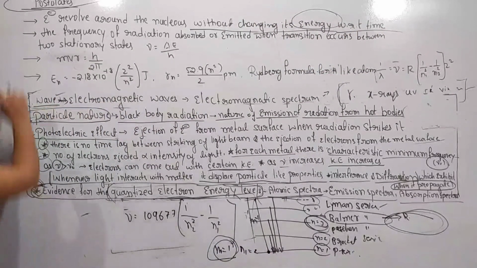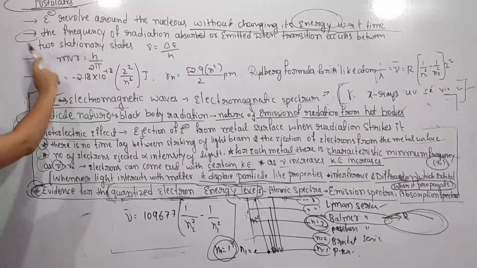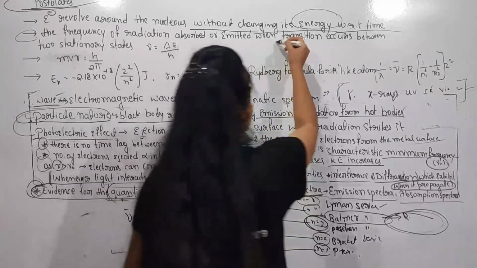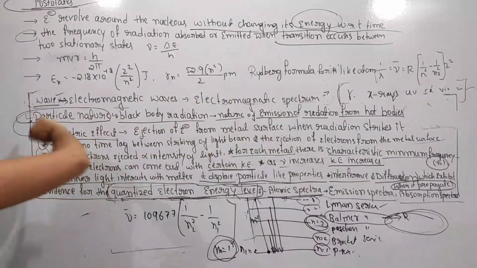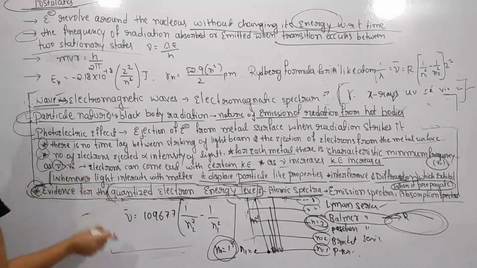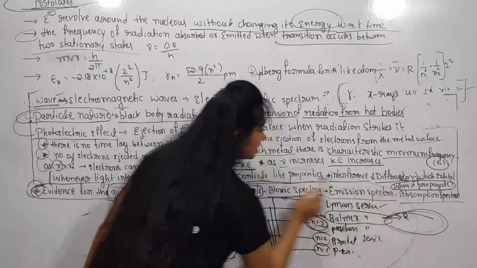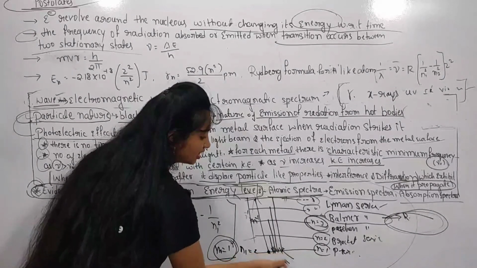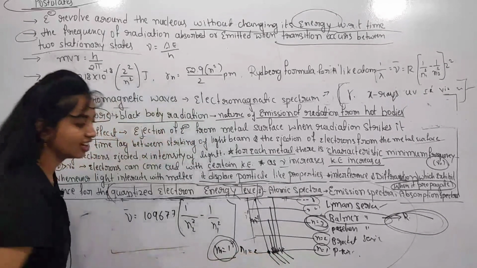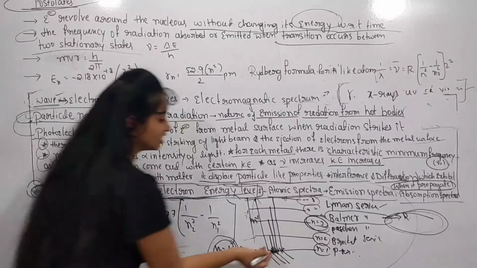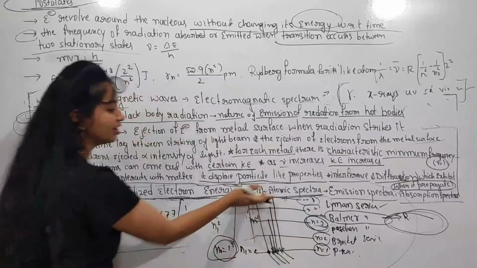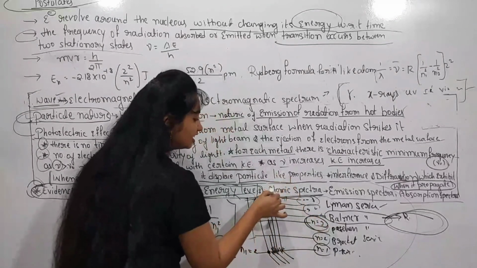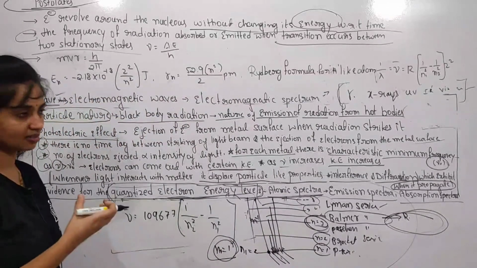And then the second postulate he tells us: the frequency of radiation absorbed or emitted while transition occurs between two stationary states. I already told you when I explained the spectra, the atoms absorb outer, higher energy, and only then do they jump from a lower to a higher energy level. Then the radiation comes out and they come back to their original position.